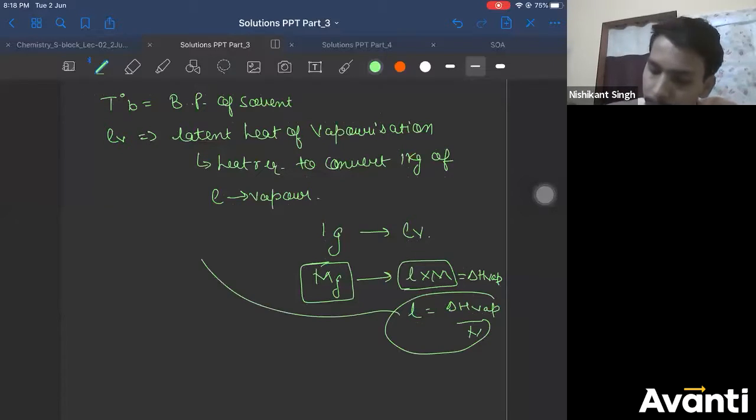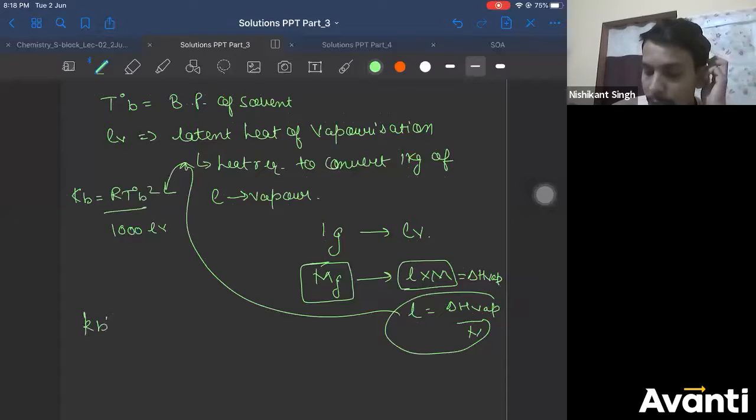Substitute it here in the formula. You will get the formula: KB is R T naught B square by 1000 LV. So KB will come out to be R T naught B square divided by 1000 into latent heat of vaporization, which will be enthalpy of vaporization divided by M.